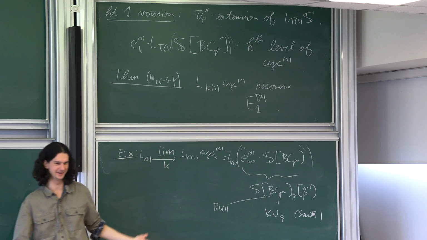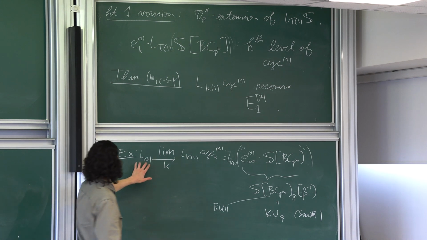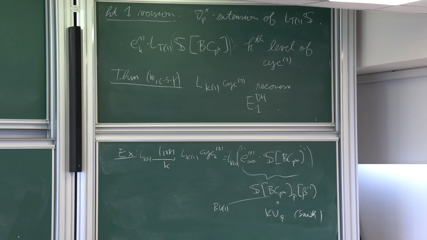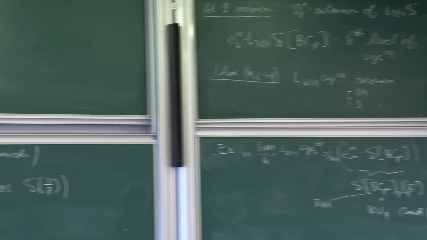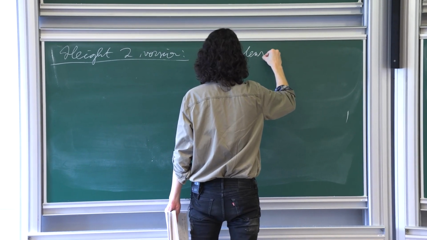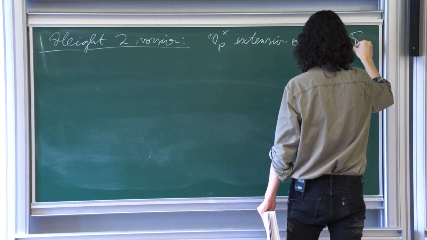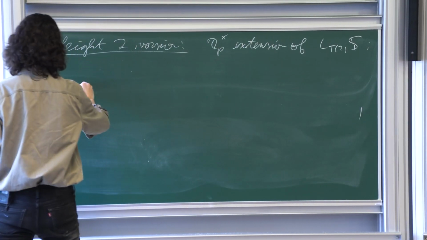So I could write L_T1 instead, and it would be the same. Okay, what about height 2? Well, it's a Z_p cross extension now of the T2 local sphere, and you get it in a very similar way.